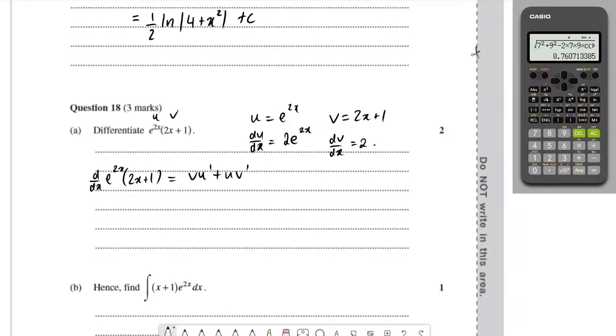But it doesn't actually matter which order you put these ones in. I like putting the v first because that way it matches what the quotient rule is, which is v du minus u dv, and that one actually does matter what order you do it in.